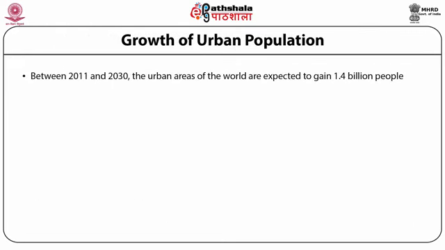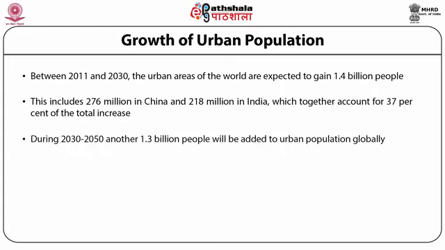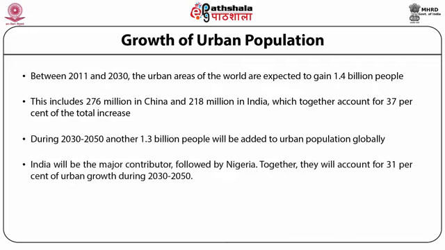Between 2011 and 2030, the urban areas of the world are expected to gain 1.4 billion people, including 276 million in China and 218 million in India, which account together for 37% of the total increase. A further urban increment of 1.3 billion people is expected globally during 2030 to 2050, with India being the major contributor, followed by Nigeria.